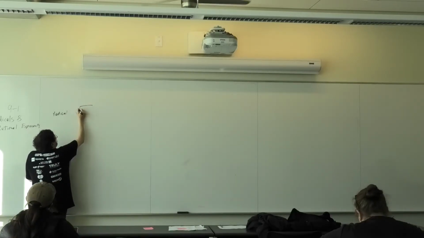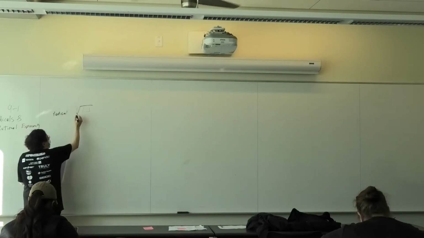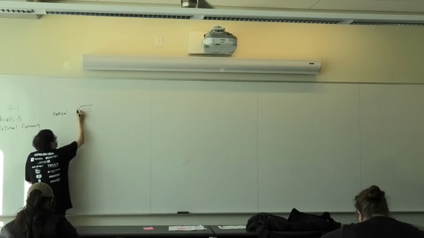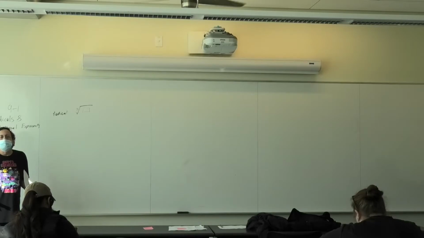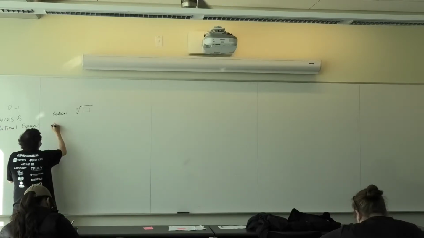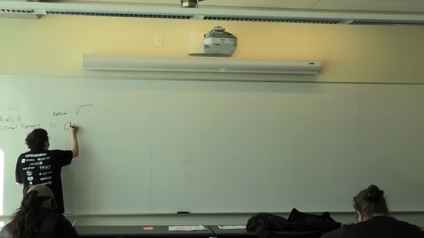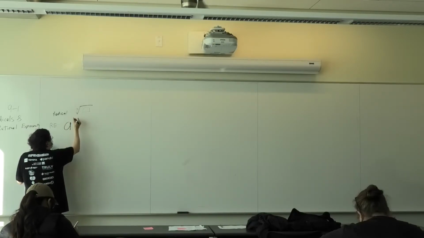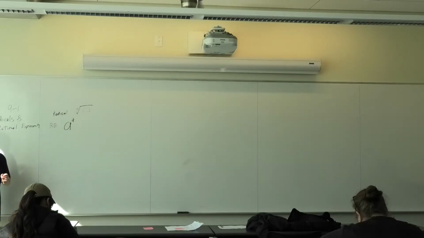It could have a number here, and it could have an expression here. If it doesn't have a number here, it's a 2, meaning square root. If it has another number like 3, it could be the cube root. And by a rational exponent, what I mean is I have some number, a, and its exponent is a fraction, like 3/4 or 1/2 or something. So that's what we're going to talk about today.